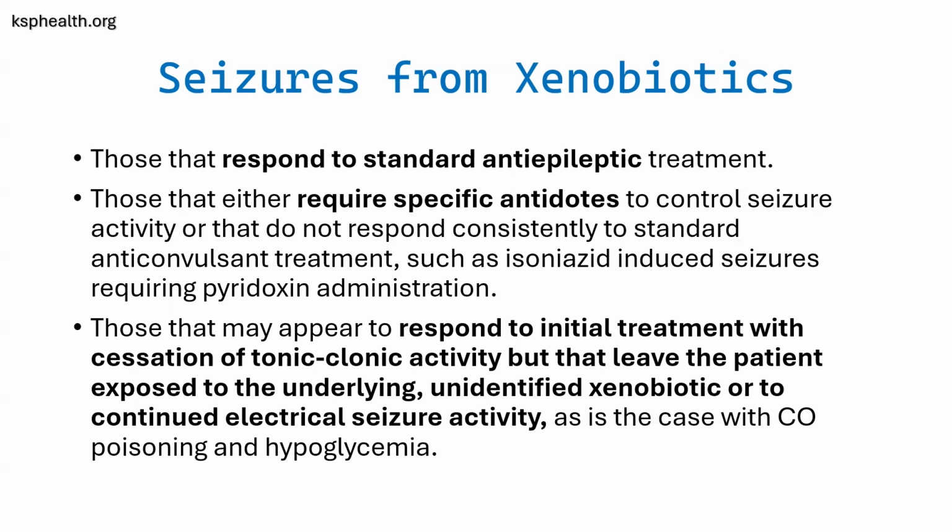The third group initially responds to treatment with benzos but leaves the patient exposed to the underlying, unidentified xenobiotic and continued electrical seizure activity. That happens with carbon monoxide poisoning and hypoglycemia. So keep in mind, even if the seizure has stopped, make sure there is no continuous electrical activity going on.